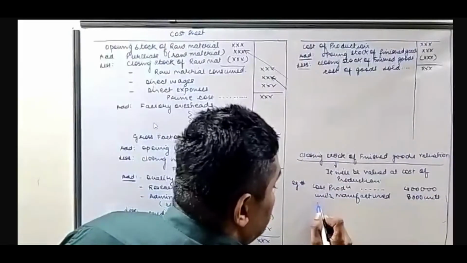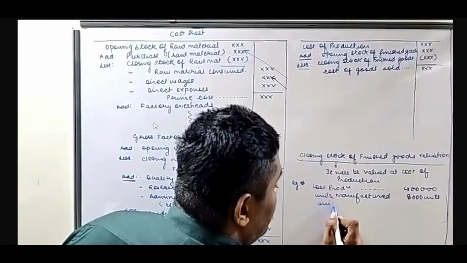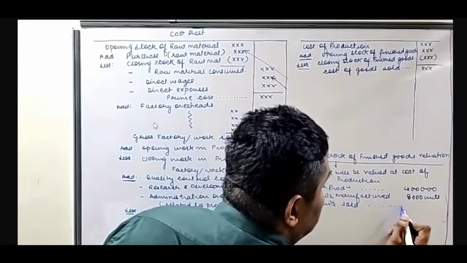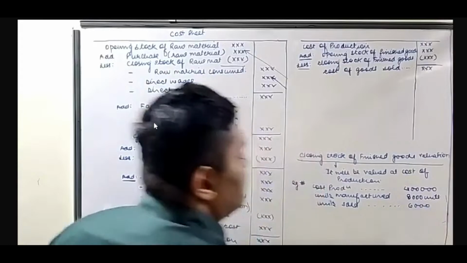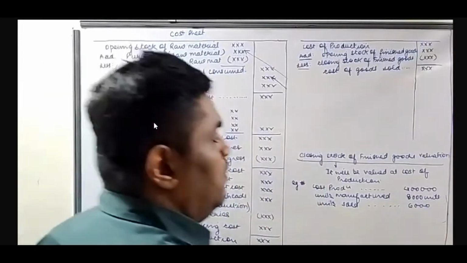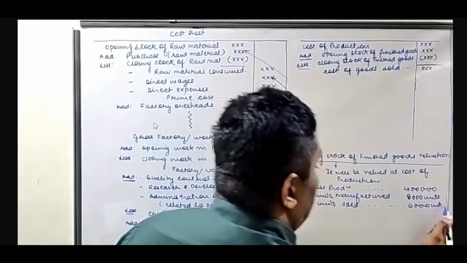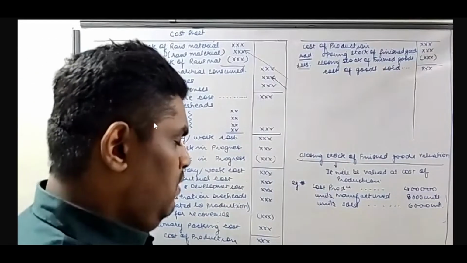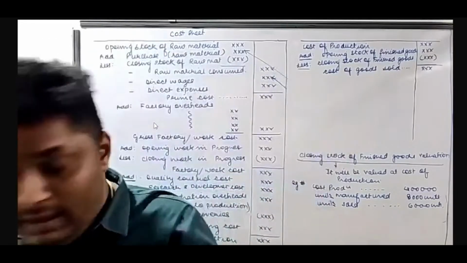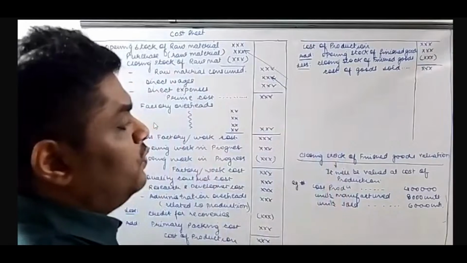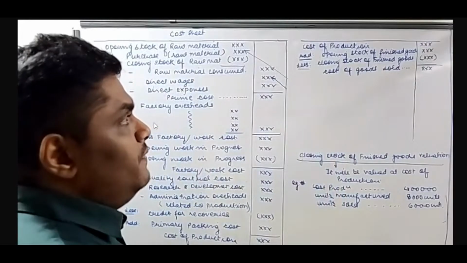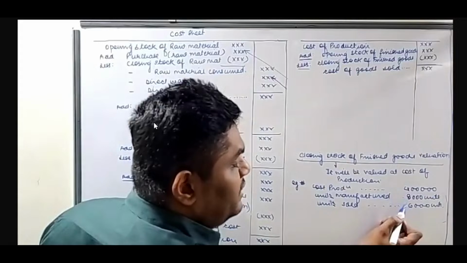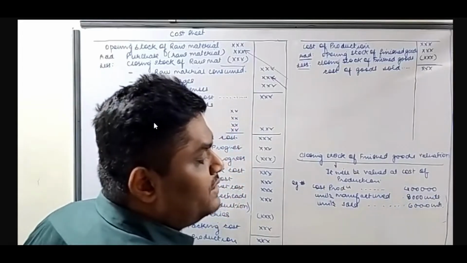And let's say units sold are given, let's say, 6,000. Now, what will be the cost of goods sold? So very simple, guys. Herein, out of 8,000 units manufactured, 6,000 units are sold.